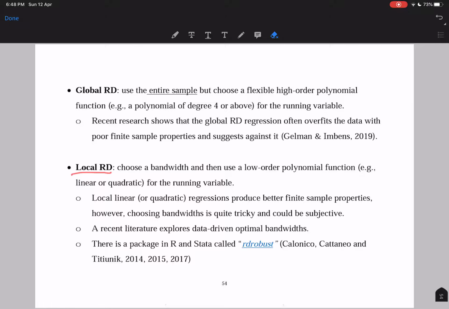The reason people prefer local RD design is that local linear regression tends to produce better finite sample properties. However, one problem is that it's still quite tricky to choose an appropriate bandwidth, and it could be somewhat subjective.